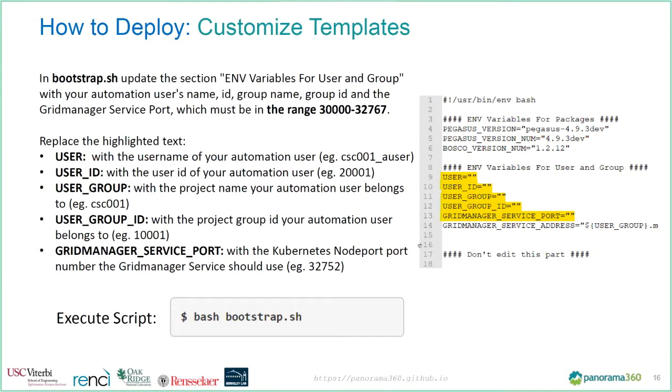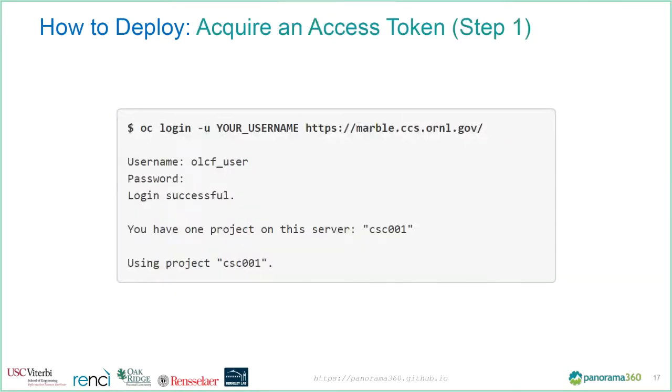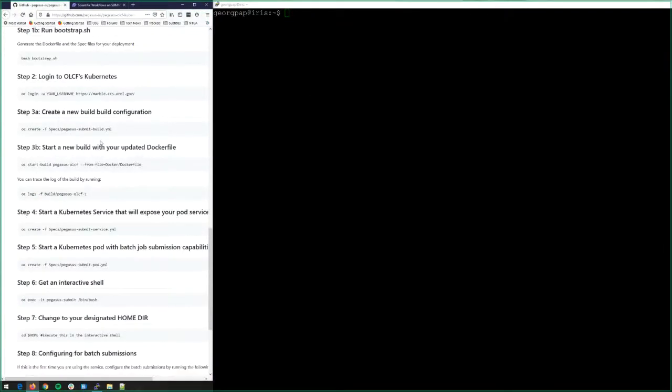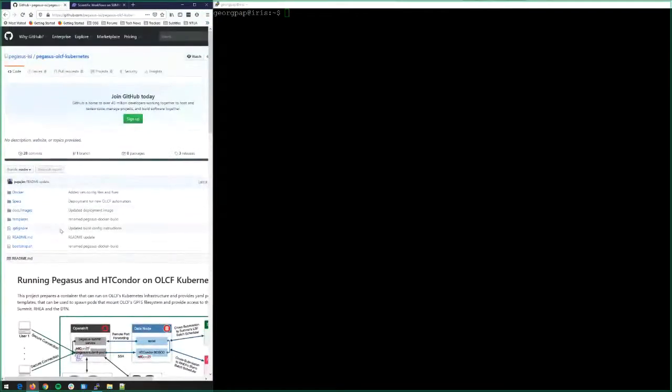After you've edited this file, you can run the bootstrap.sh, and it will create your customized scripts for the Kubernetes deployments. The templates that we have, you can find them within the templates folder in the GitHub repository.